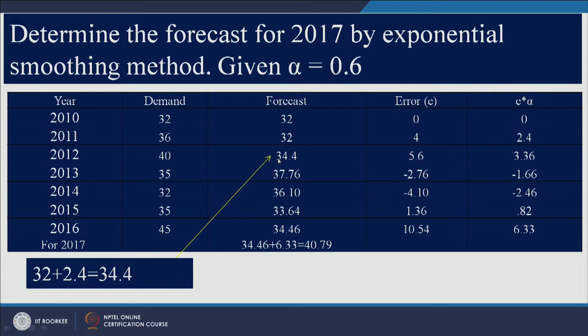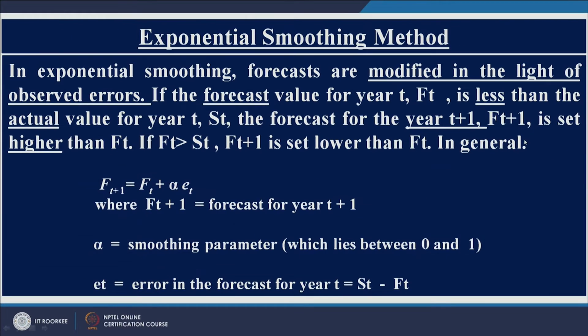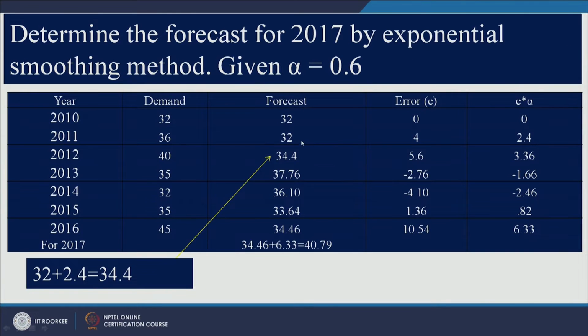It is the previous period's forecast plus this term which is there in this equation. The previous period's forecast plus alpha into error would give you the forecast for the next period. So, this is 32 plus 2.4, which is 34.4.